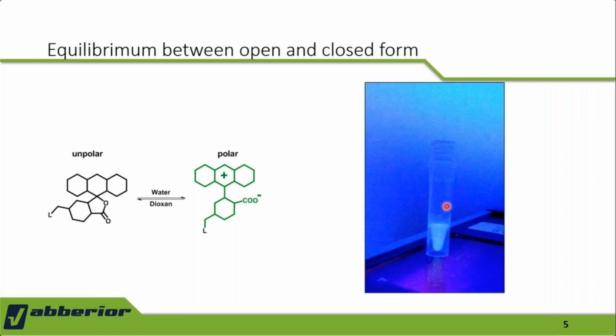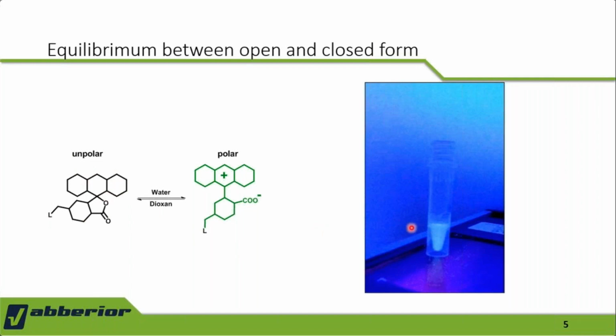So in this movie, you see a reactive tube, and beneath this tube, there's a UV lamp. In this tube is filled dioxane. Dioxane is a very, very nonpolar solvent. And in this dioxane, we have dissolved rhodamine. And because we are in a nonpolar environment, the fluorophore is in this closed non-fluorescent form.